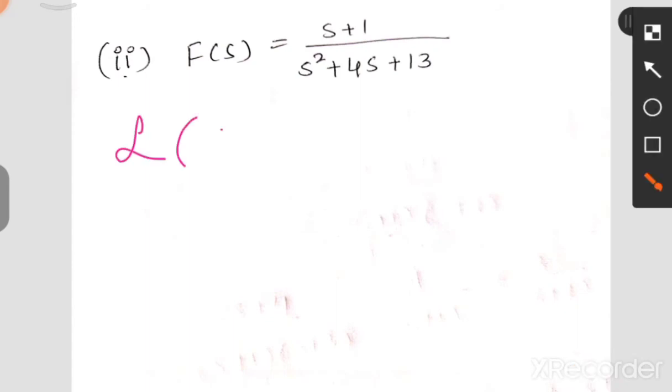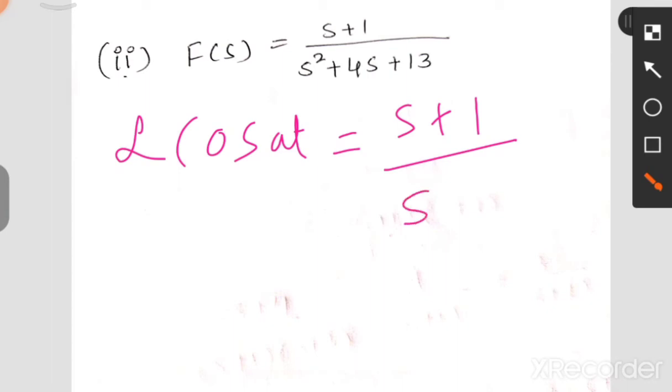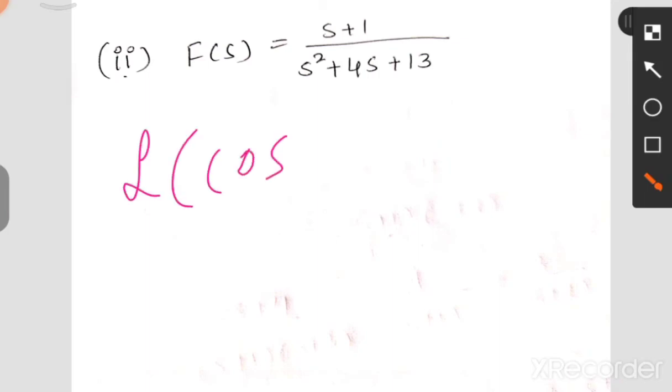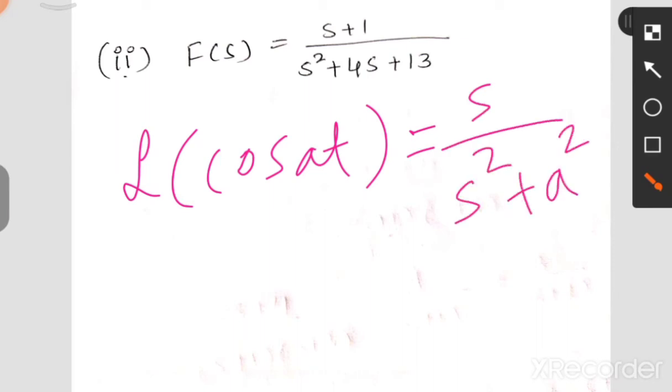So recall once, the Laplace transformation of cos at is equal to s divided by (s square plus a square).